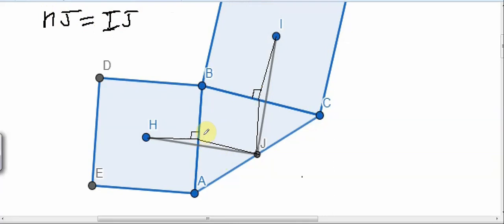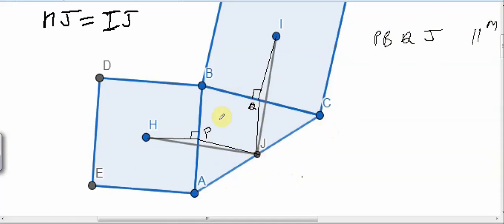Now let me name this point. Let this point be called P. Let this point be called Q. PBQJ is a parallelogram because P is the midpoint of AB, J is the midpoint of AC. So PJ is parallel to BC.